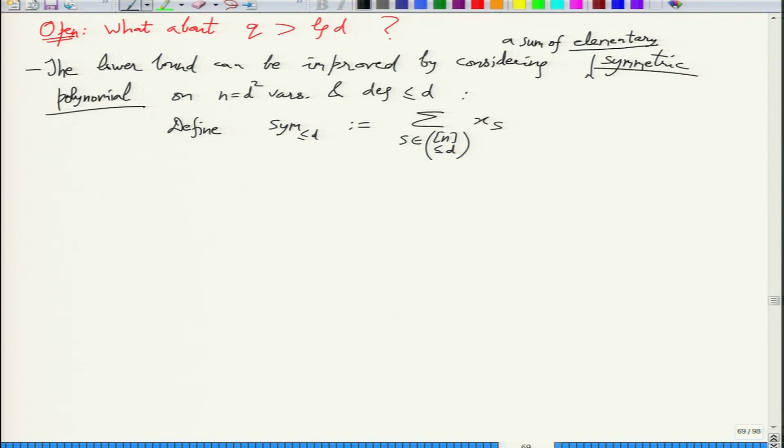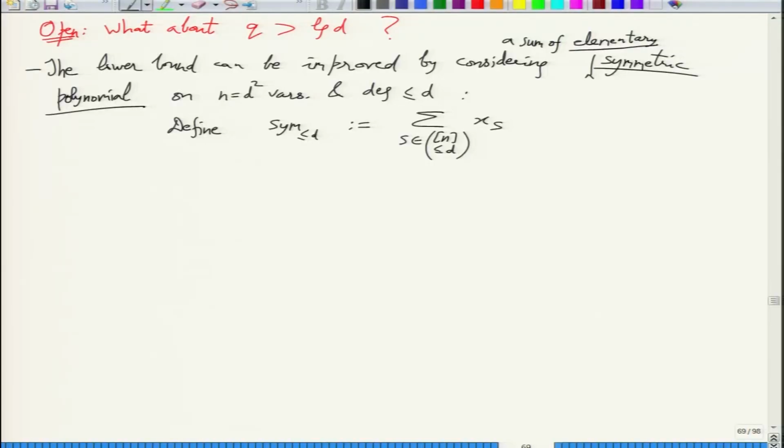So it's a sum of the first d symmetric polynomials, at most degree d. So it is inhomogeneous. It's a bit different from determinant, and the definition will give you a depth 3 circuit of size already n to the d, right?